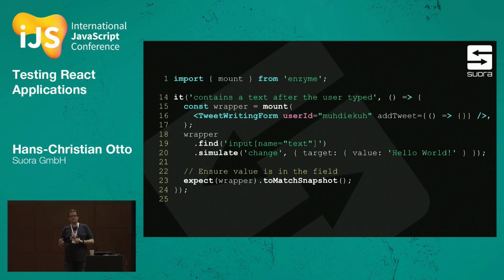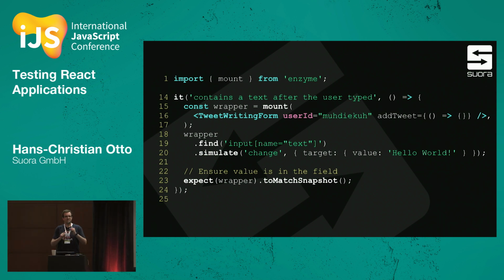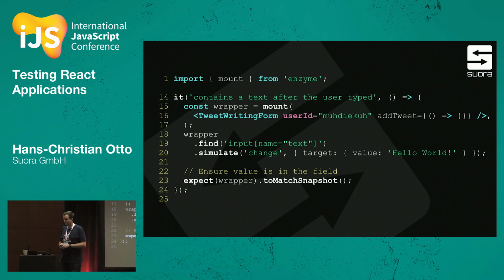Because if you know React, you do know the concept of controlled components, and I always encourage people to use controlled components. And within controlled components, we are responsible for handling that if a user types, the result ends up in the form field. So that's why it makes sense to have a test like this.